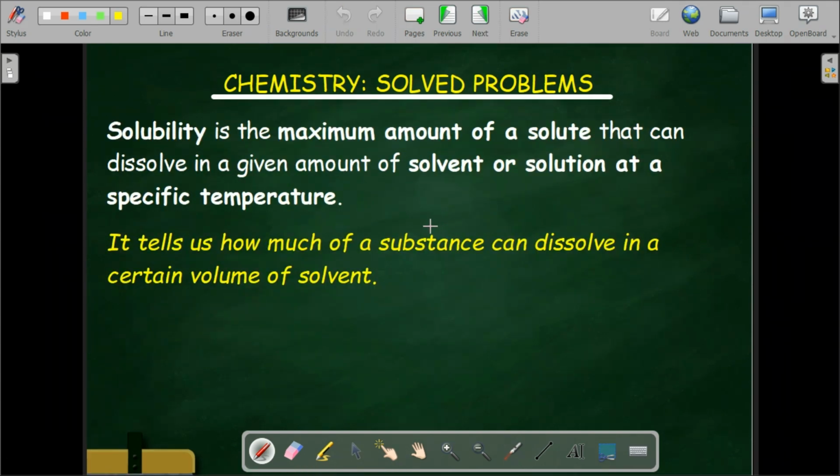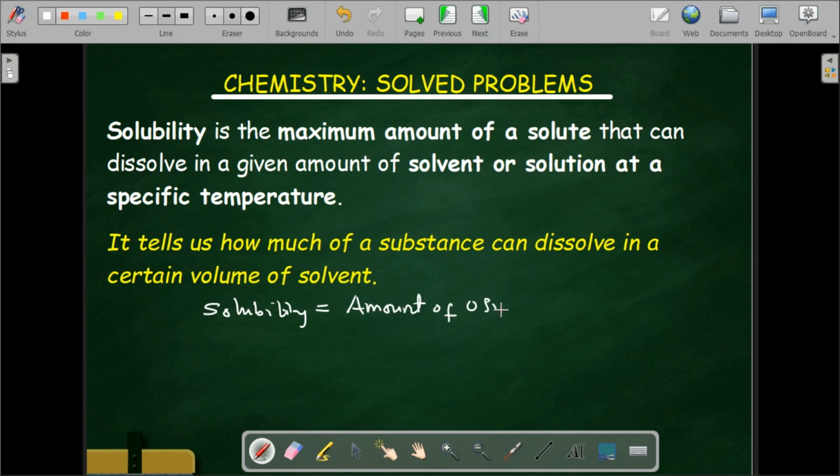Solubility is the maximum amount of solute that can dissolve in a given solvent or in a given solution at a specific temperature. It tells us how much of a substance can dissolve in a certain volume of solvent. So mathematically, solubility is the amount of solute.